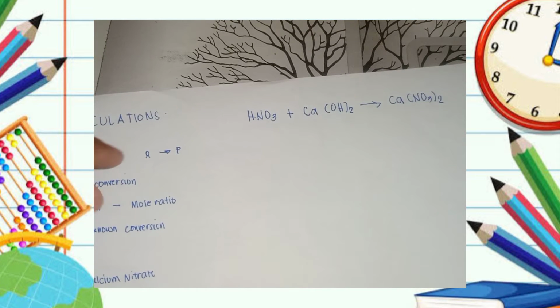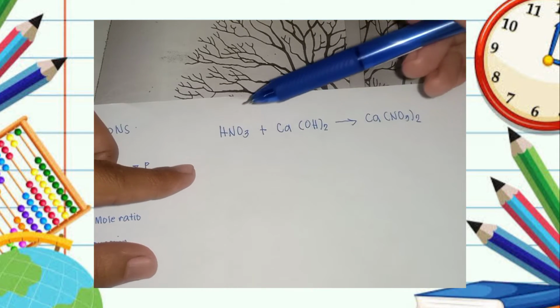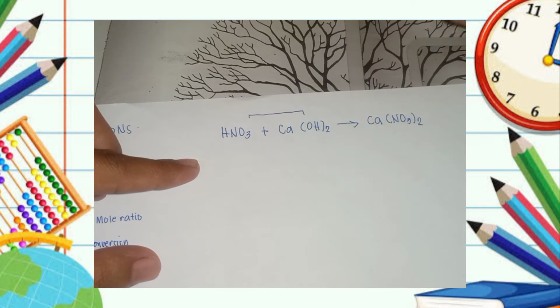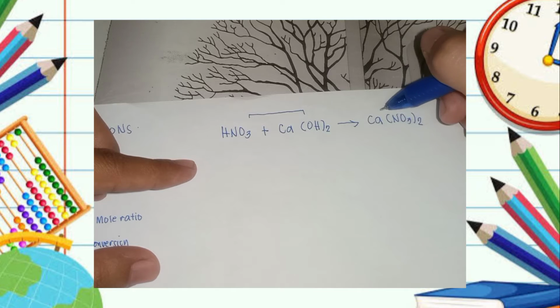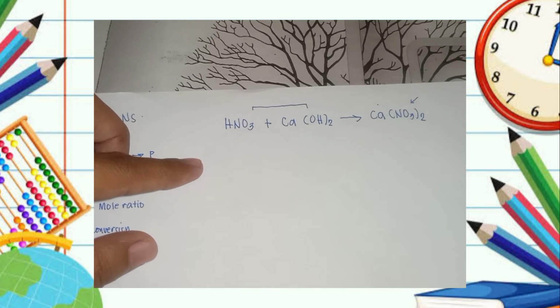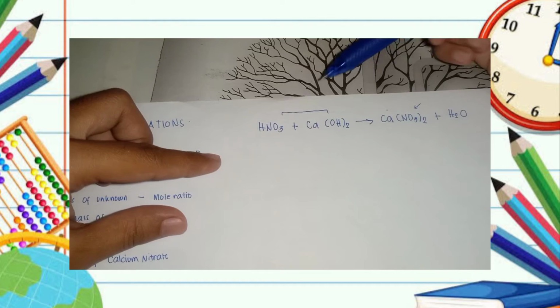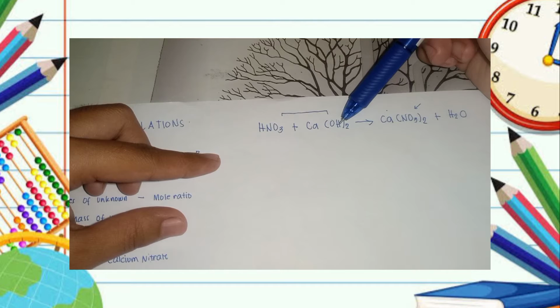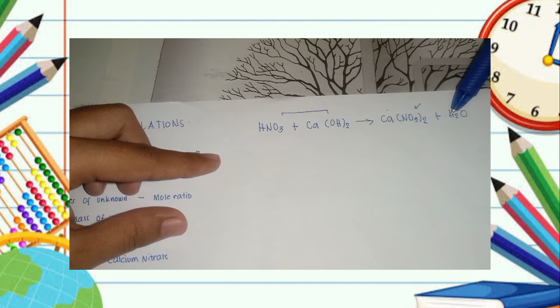So first, we need to see if the number of atoms of each element on the reactant side is the same as on the product side. The number of hydrogen here is 1 plus 3. We have here 2.